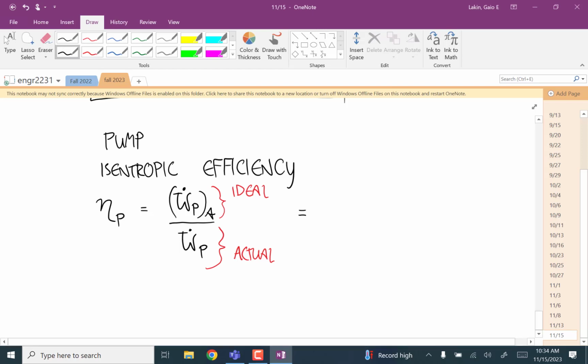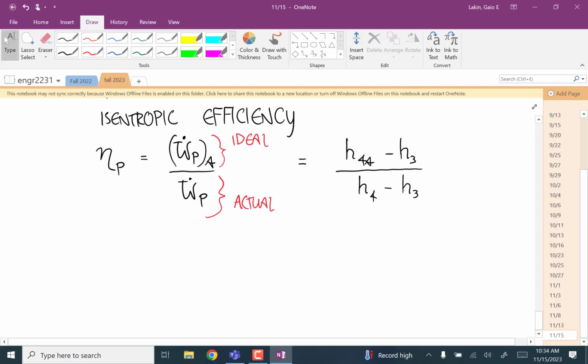And we can define this as H4S minus H3 divided by H4 minus H3. We have something else going on with the pump. Remember, a lot of times we use the fact that this working fluid is incompressible for the pump.